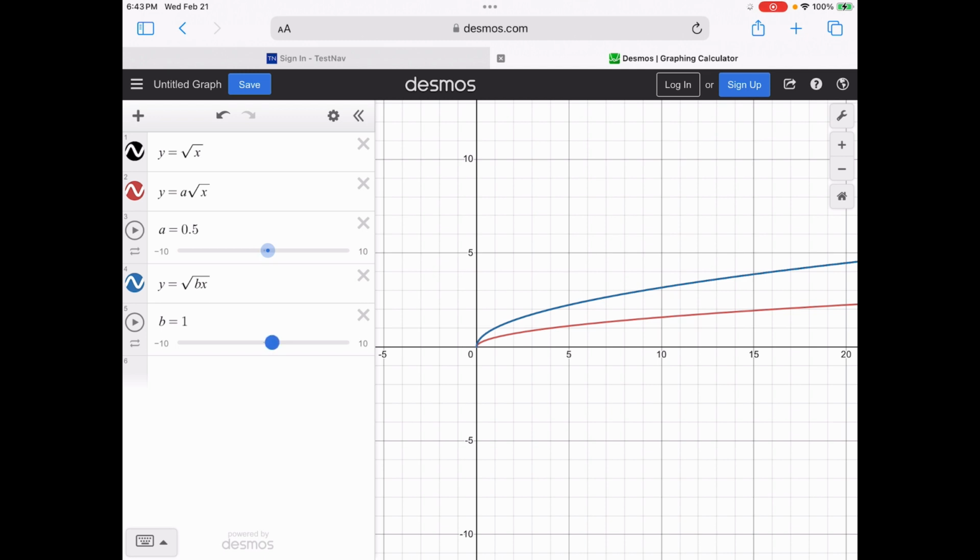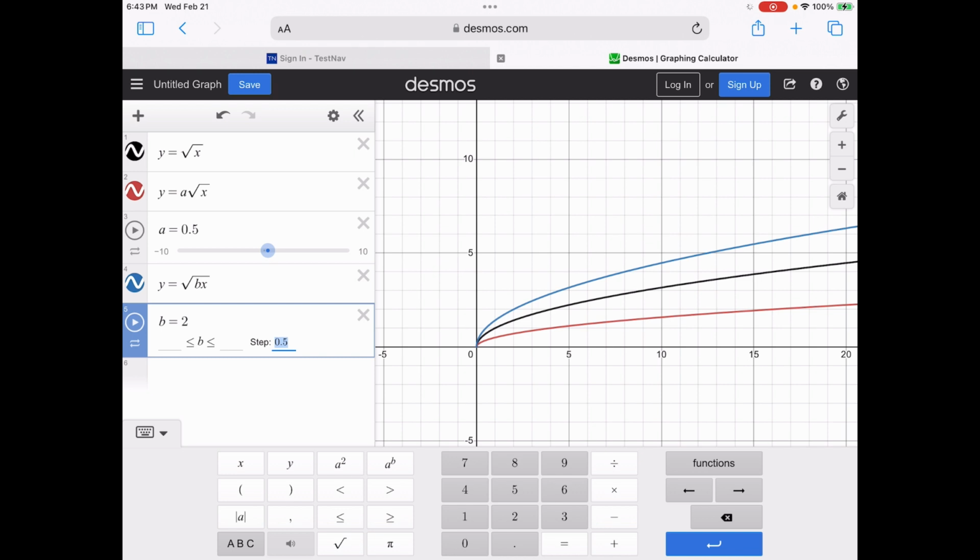I can also horizontally stretch it, make b wider or narrower, so to speak. Let's make b what it was in that example. It was 1 over 4, right? Whoops, I set this incorrectly. 1 over 4.